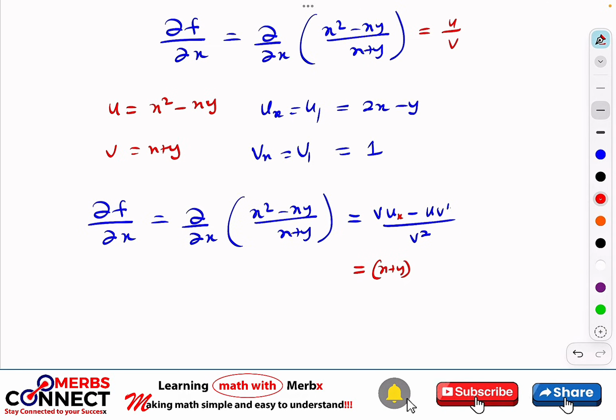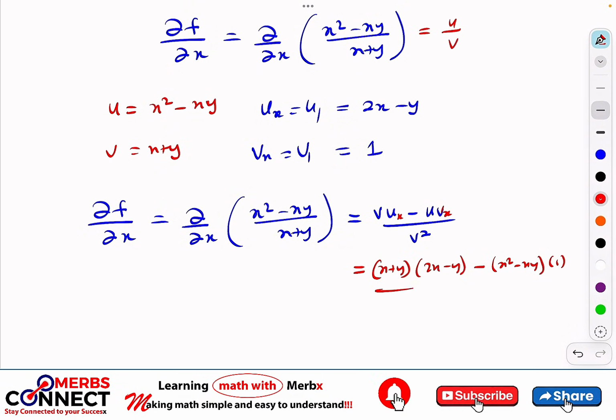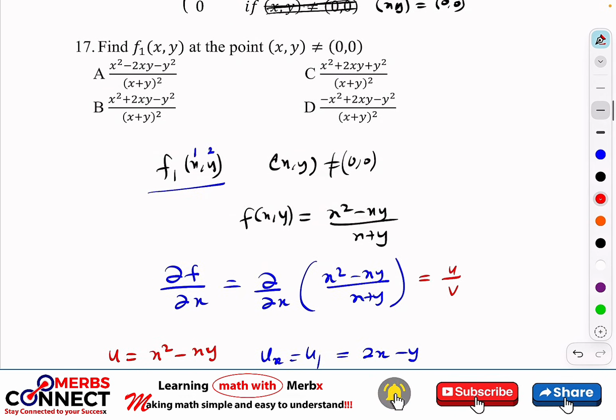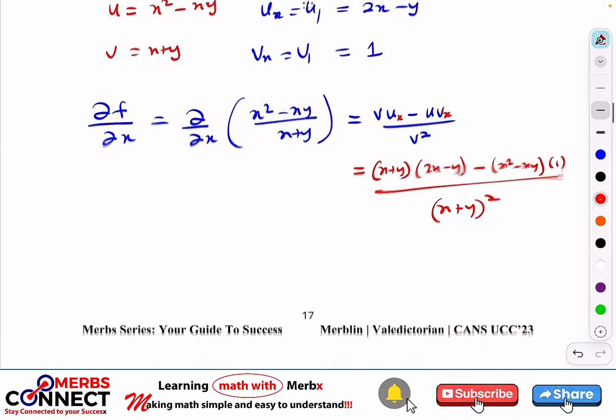So the x should be here, sorry. Good. So this is going to be 2x minus y, minus u, which is x squared minus xy, times vx, which is 1, divided by v squared, which is this. But before we simplify, we need to look at the options. Okay, so we just need to simplify the top. We don't need to simplify the bottom. Okay, so let's try and do this.